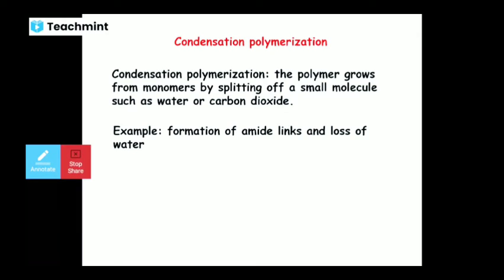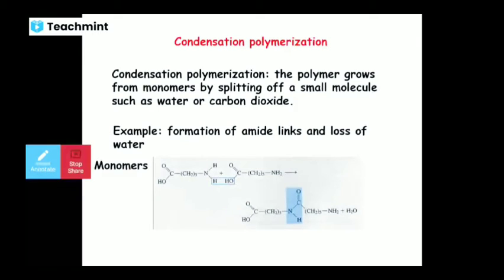Example: formation of amide links and loss of water. This is an amide linked polymer in which water is removed so that only polyamide is formed. This is a unit of polymer and water is removed.